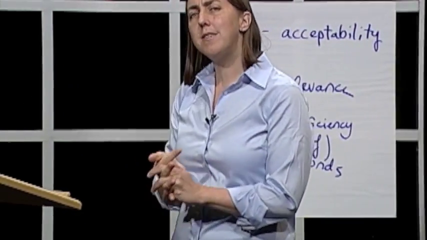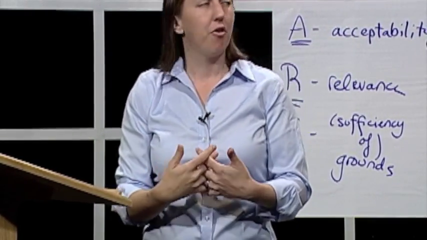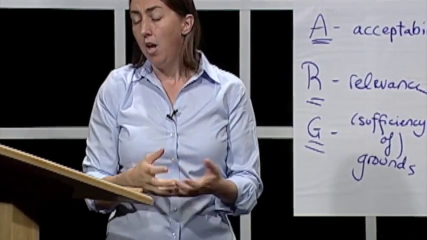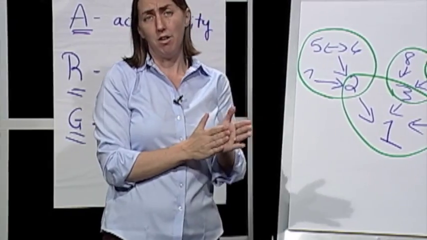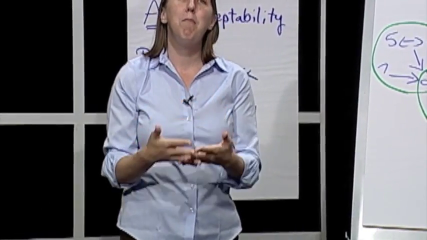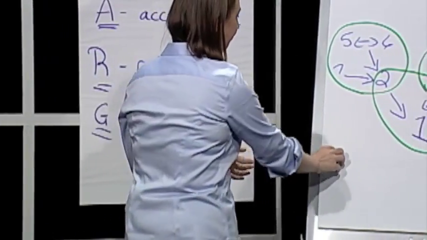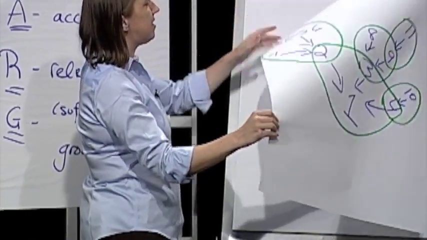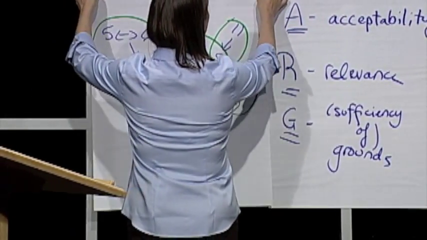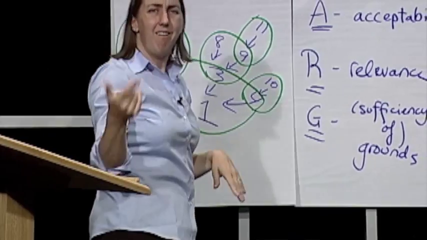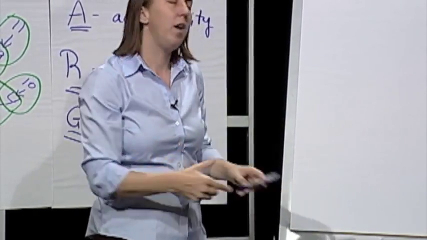Okay, so what does it mean to ask whether there's enough evidence for any given claim? Well, one of the ways in which premises can fail on sufficiency is by omitting some aspect of the topic that is terribly important. And sufficiency is one of the few, perhaps the only criteria that really demands that you look beyond the argument itself, beyond what is actually stated, to question what is missing.